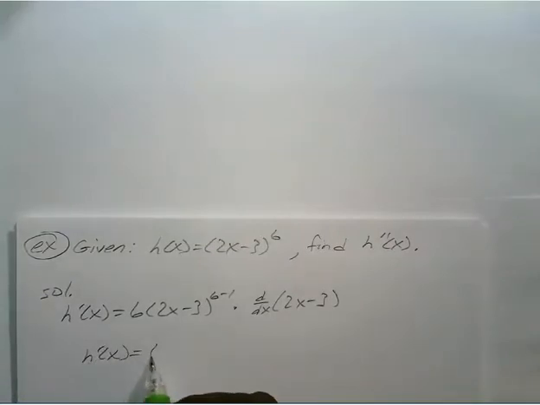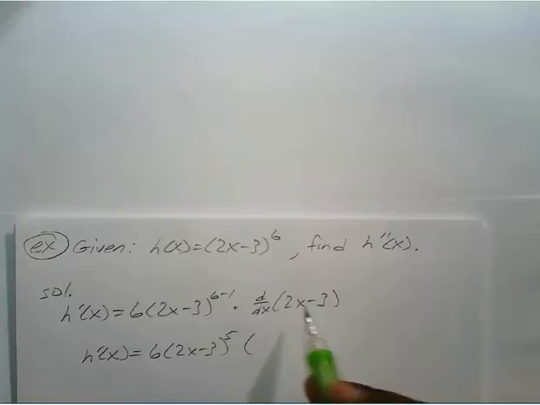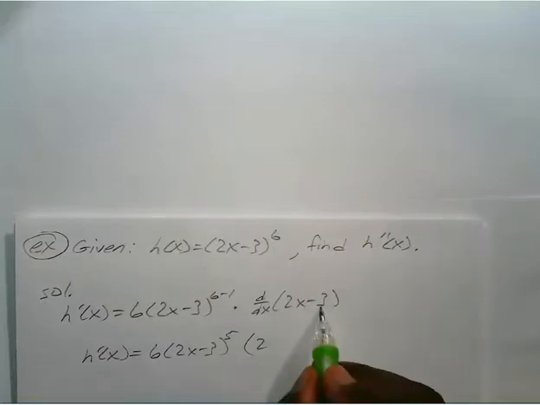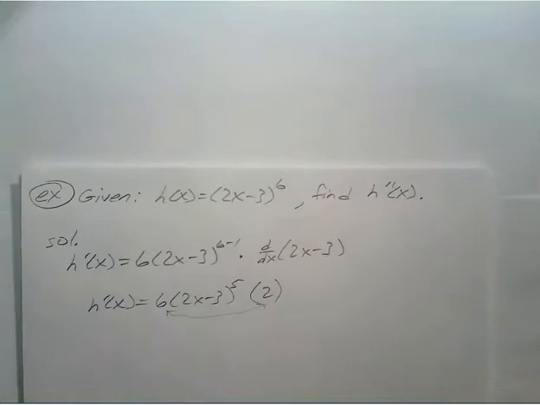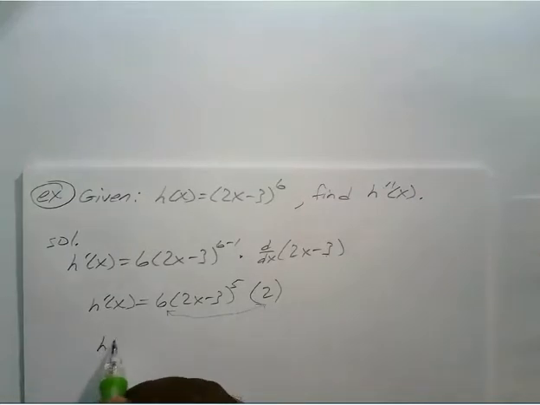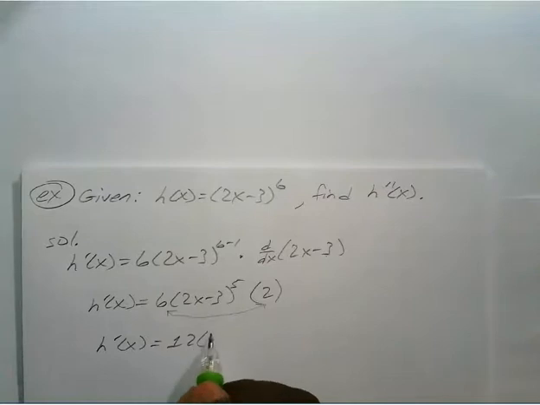That gives us 6 times (2x minus 3) to the 5th power times the derivative of 2x, which is just 2. And derivative of 3 is 0, so that's all we have. So if we combine the 6 and the 2, our first derivative is equal to 12 times (2x minus 3) to the 5th power.